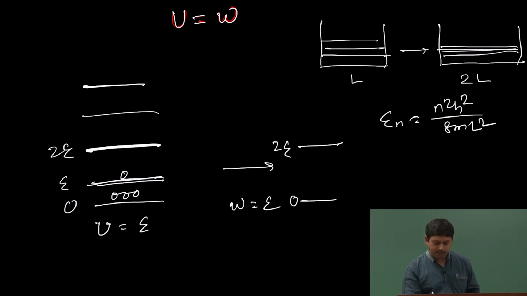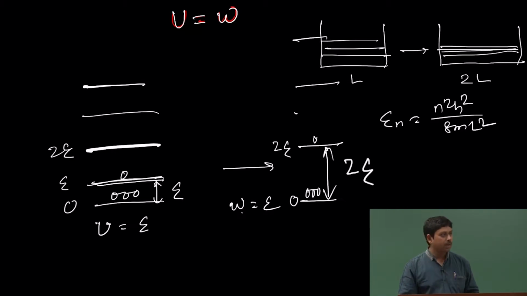This is just an example that in this particular case, when you do work up to the amount of epsilon, then instead of the difference epsilon, the difference becomes 2 epsilon. However, the distribution of particles need not change here.